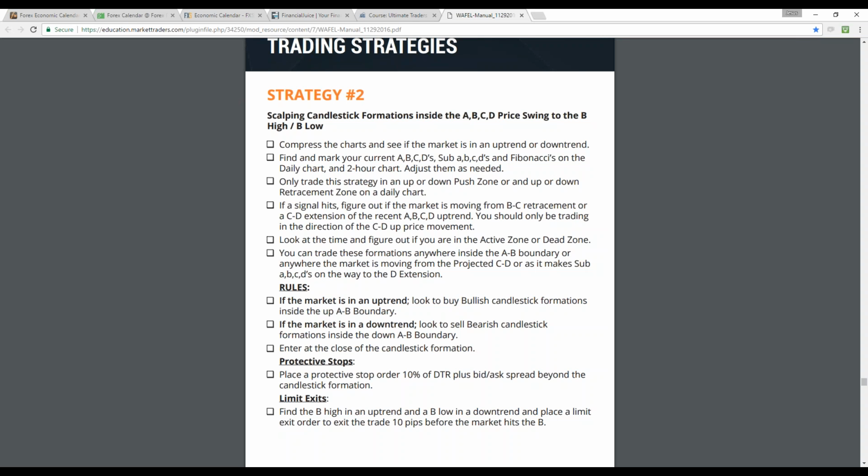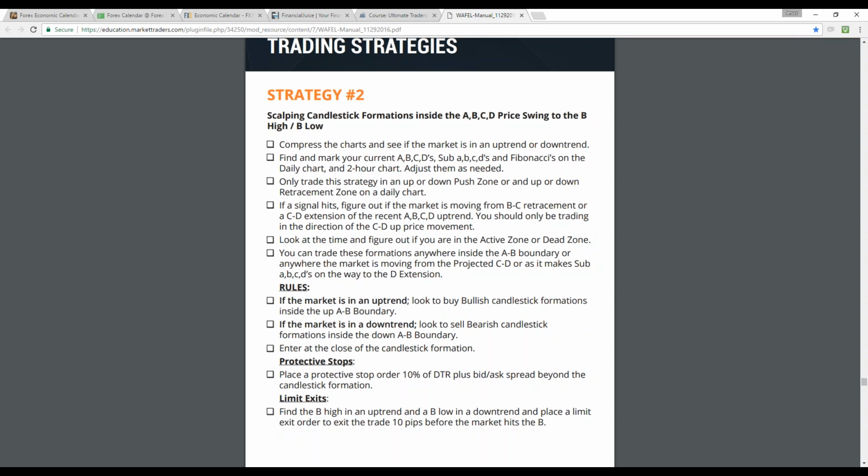Also keep in mind the active zone or dead zone to understand whether you should be expecting more or less volume. Remember that regularly more volume will be found during the active zone, hence the name.